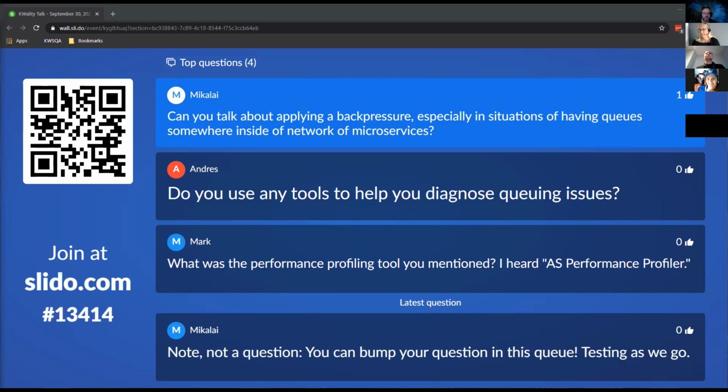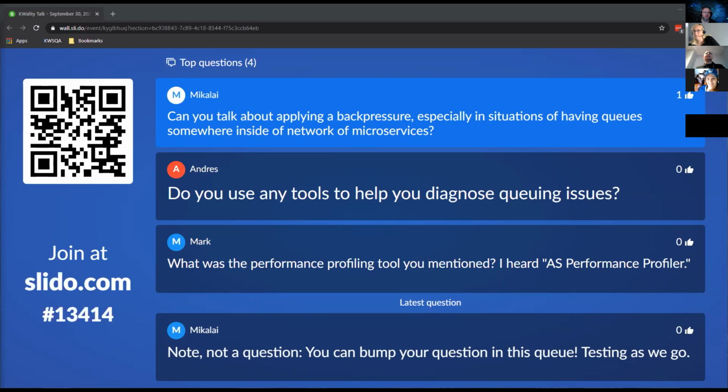The next question that we have is, can you talk about applying back pressure, especially in situations of having queues somewhere inside of a network of microservices? I'm not too sure what applying back pressure indicates. Is that something that you can expand on?